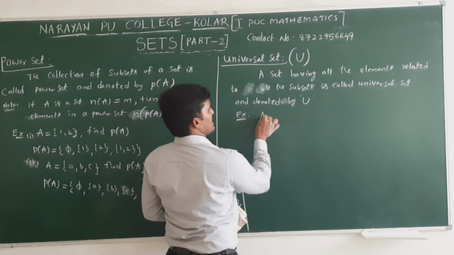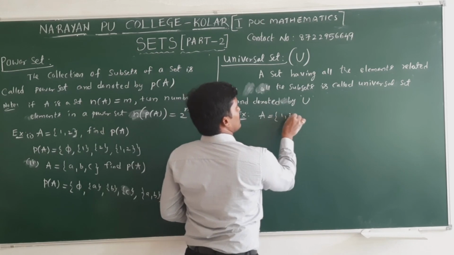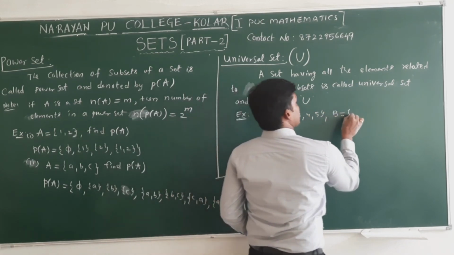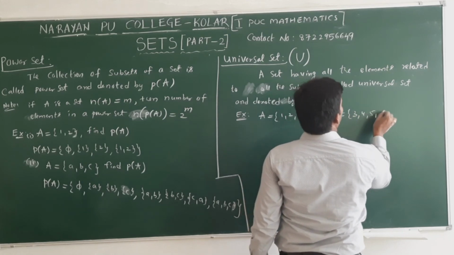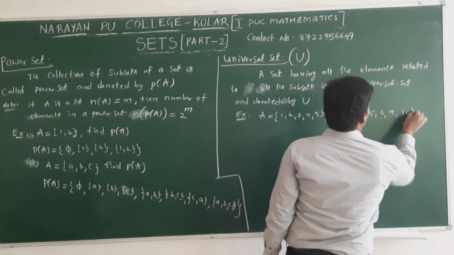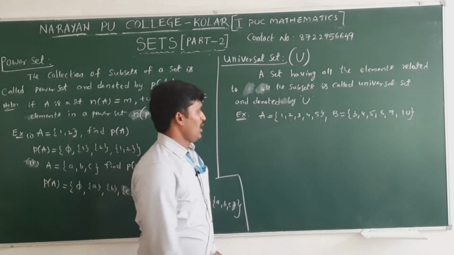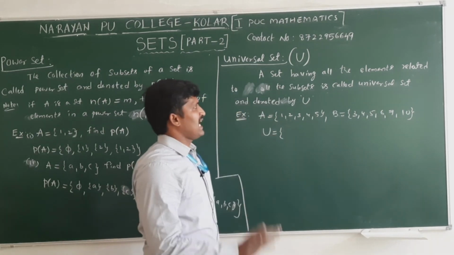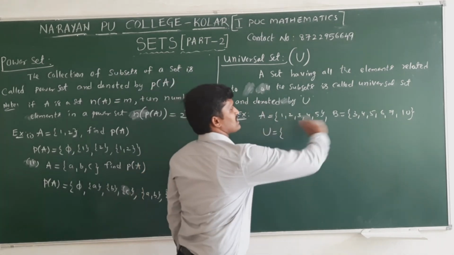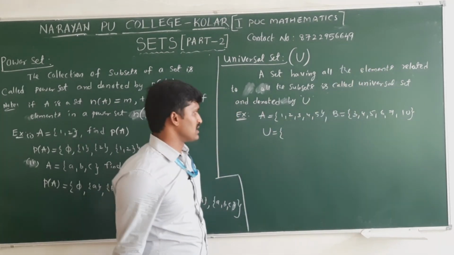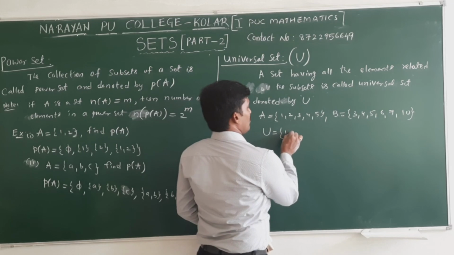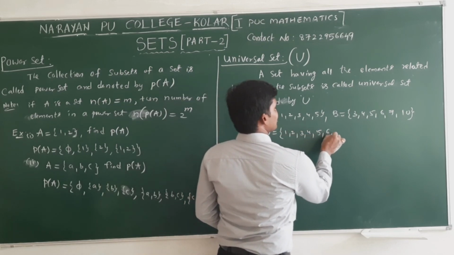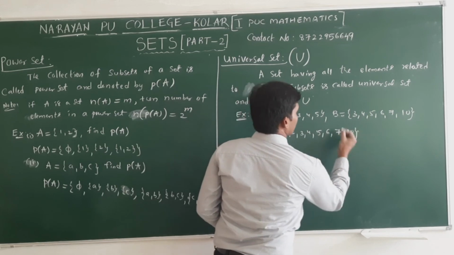The example is very, very simple, you can identify. For example, a set A having 1, 2, 3, 4, 5. Set B having 3, 4, 5, 6, 7, 10. The universal set, what I consider, is a set having all the elements related to all the sets. Now 1, 2, 3, 4, 5, 6, 7, 10.